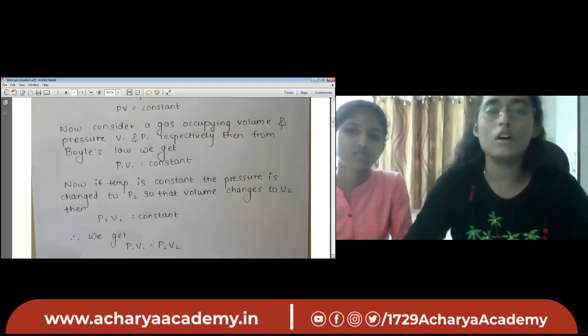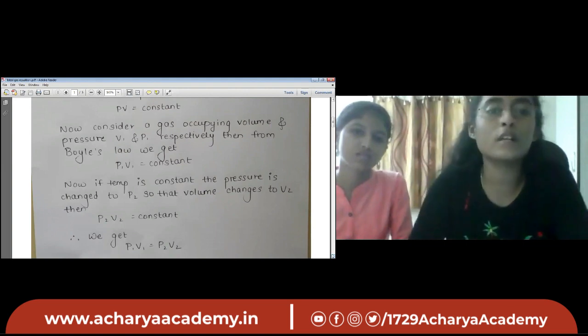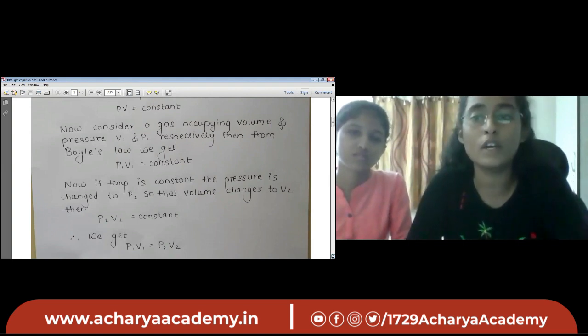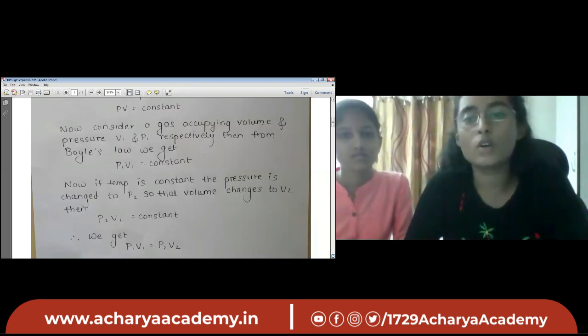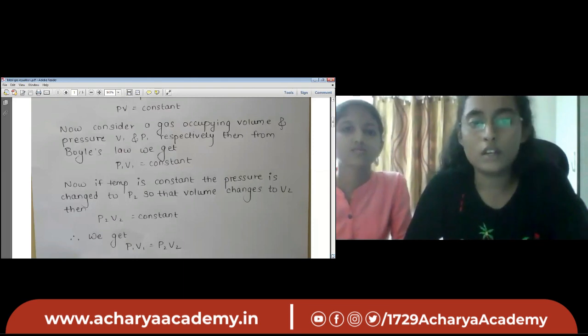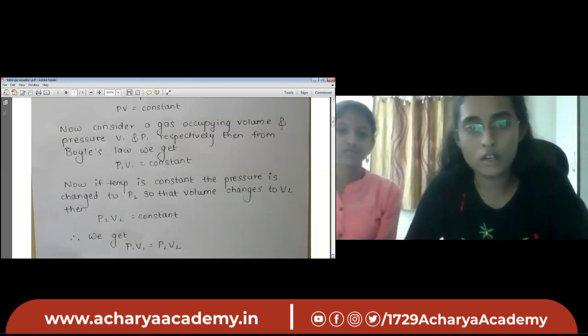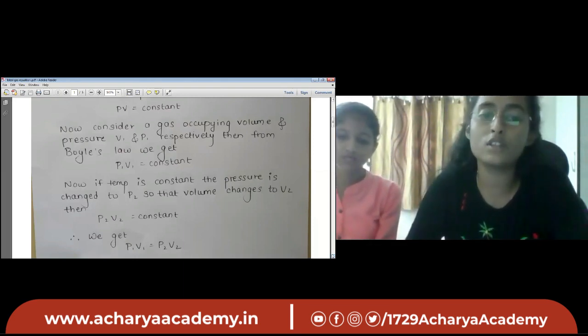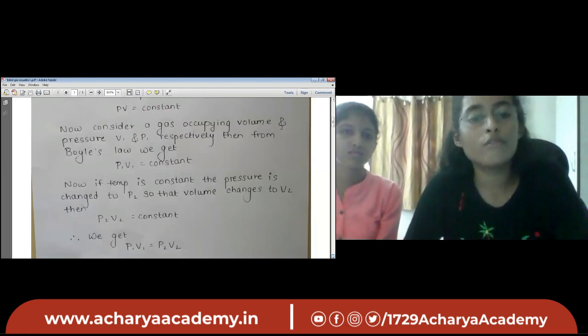Now we will consider a gas which occupies volume V1 and pressure P1. So we get P1 into V1 equals a constant according to this law. Now if we keep the temperature constant and change the pressure to P2, the volume will change to V2, and we get P2 into V2 equals a constant.